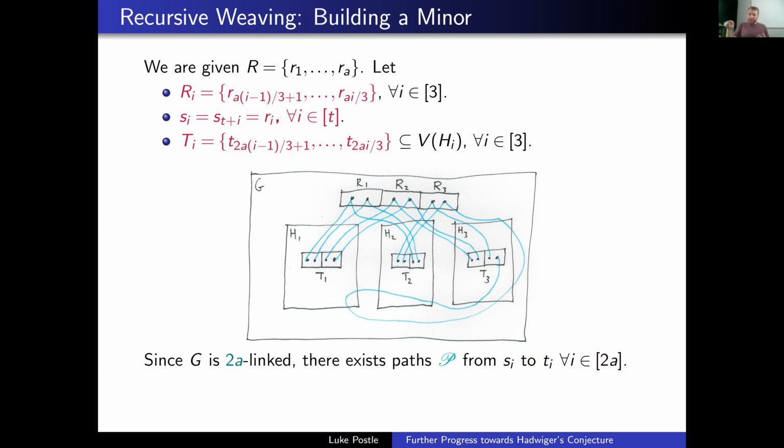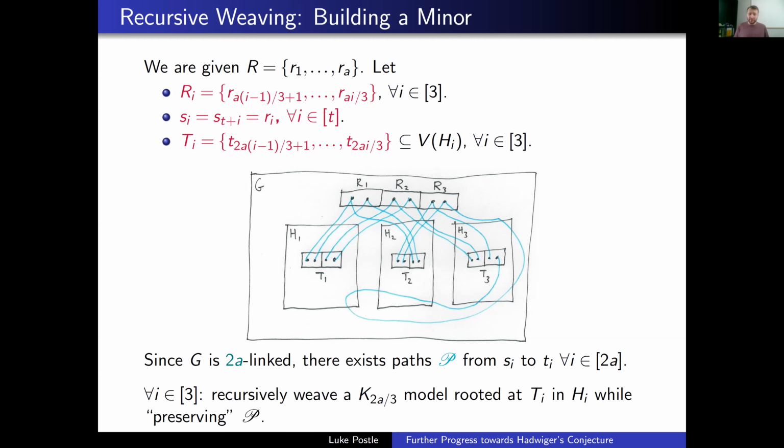And I just want to note, I drew the last one crazy to really hammer home the point. These paths don't just have to go to T1 or T2, they can wind through the rest of the graph. The ones to T3 can wind through T1 and T2. They can do whatever they want, but we're getting each pair of thirds to its own special subgraph.